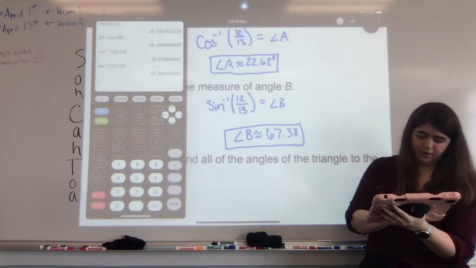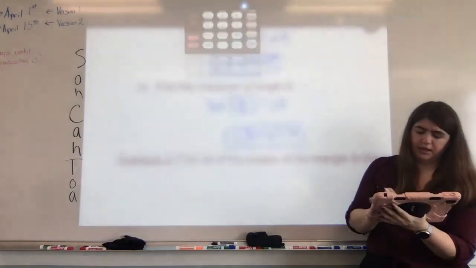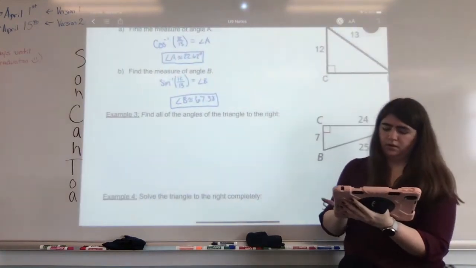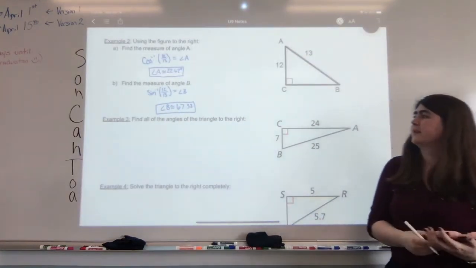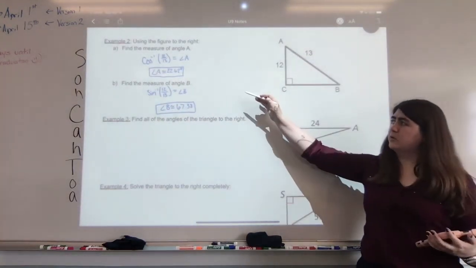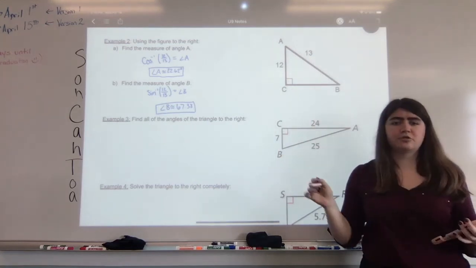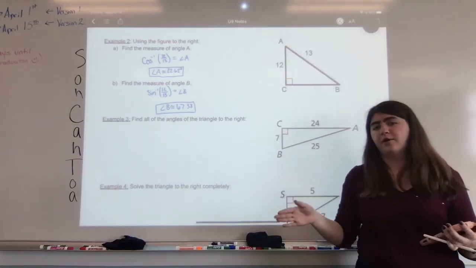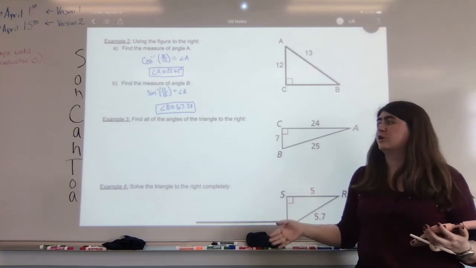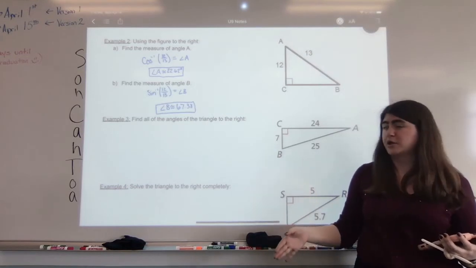All right, I'm going to put my calculator away for a little bit here. We'll bring it back when we need it again in just a moment. So that is how we're going to find our angle measures. You do need to be careful with how you're rounding to make sure that you're as close as possible. This is an approximation.